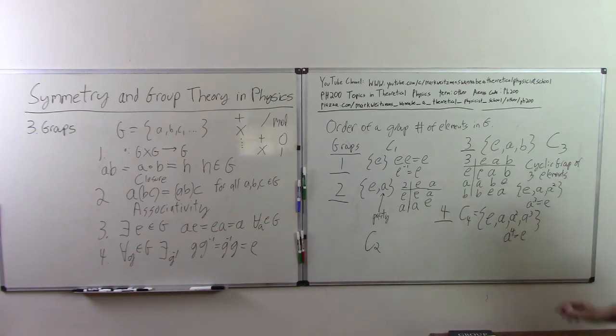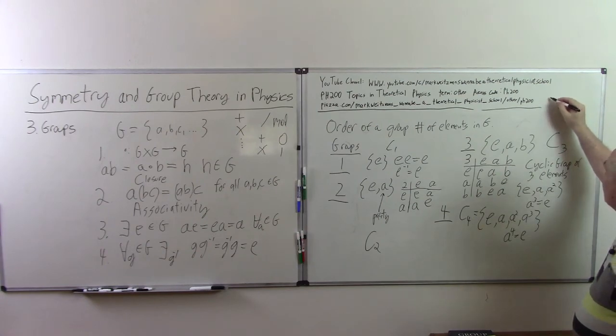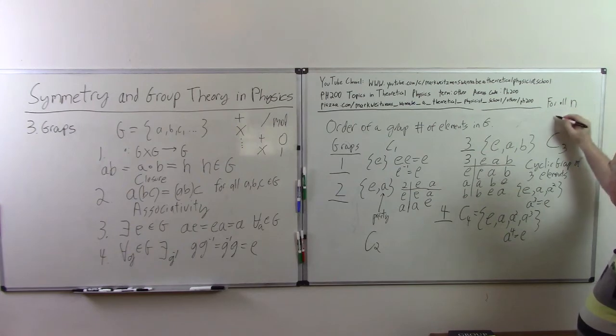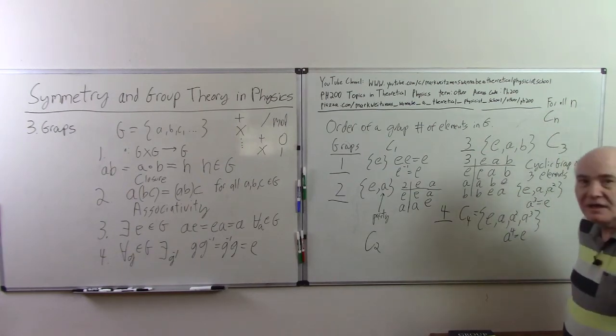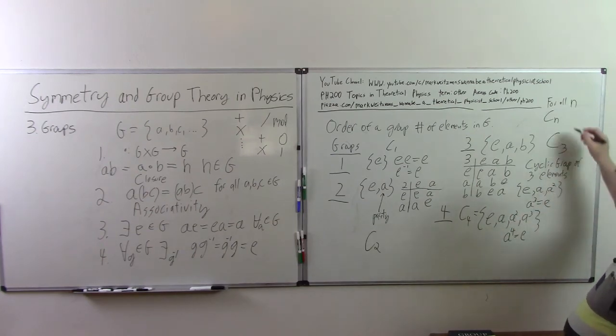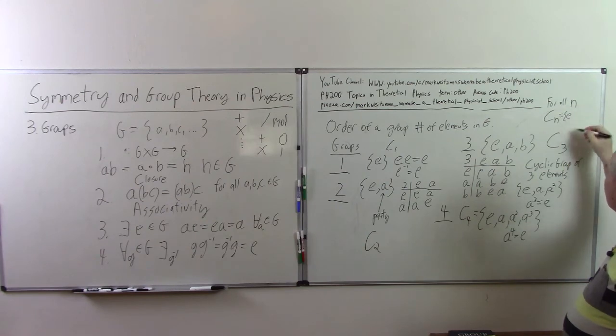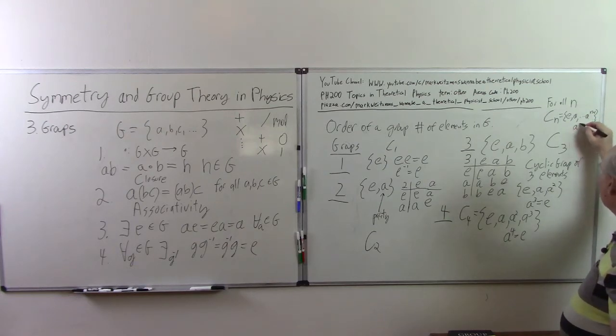So this is once again a 4-element group. It's commutative. It will obviously satisfy the associative laws, and the inverse: the inverse of A is A cubed because A to the 4th is E. The inverse of A squared is A squared because A to the 4th is E. And for every integer n, there's a group called Cn, which is just a cyclic group of n elements, and you just label them E, A, up to A to the n minus 1, and you define A to the n equals E. E is in a sense equal to A to the 0.